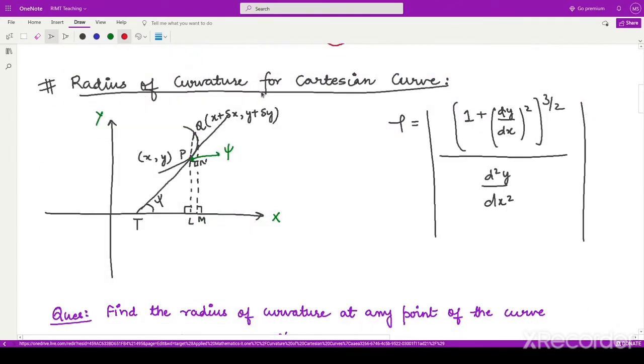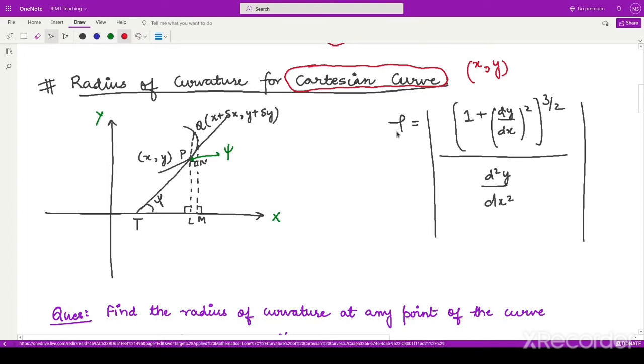Next, let us see how we can calculate the radius of curvature for a Cartesian curve. For a curve which has coordinates in x and y, let us see what formula we can use to calculate this radius of curvature.